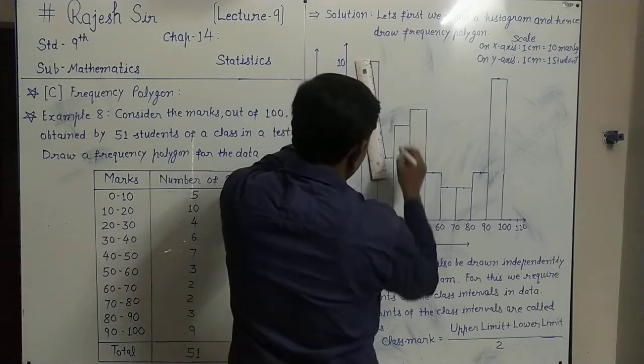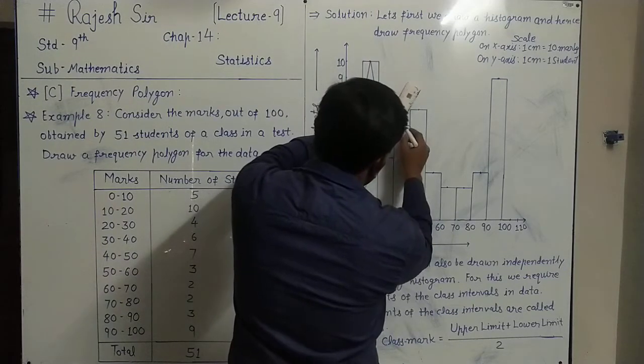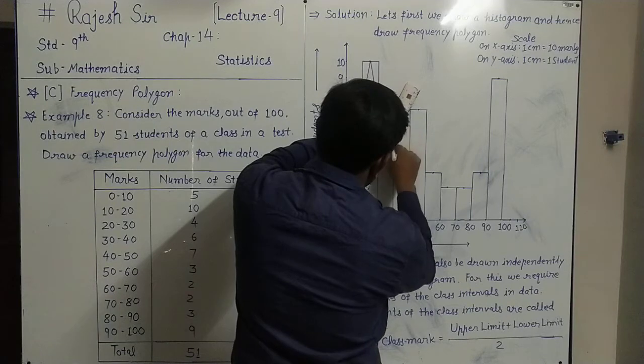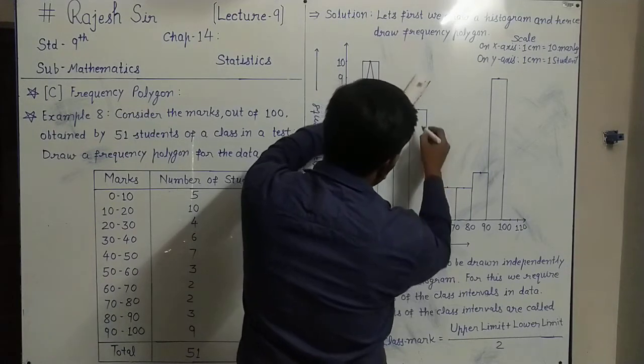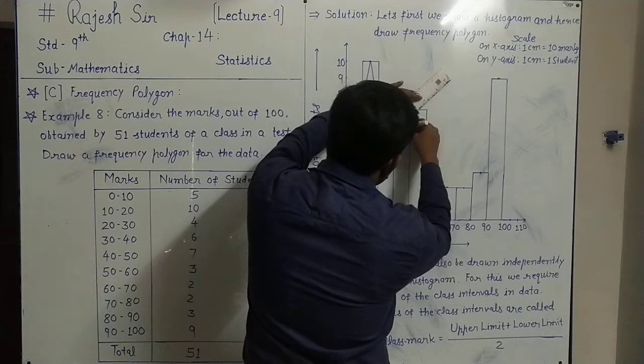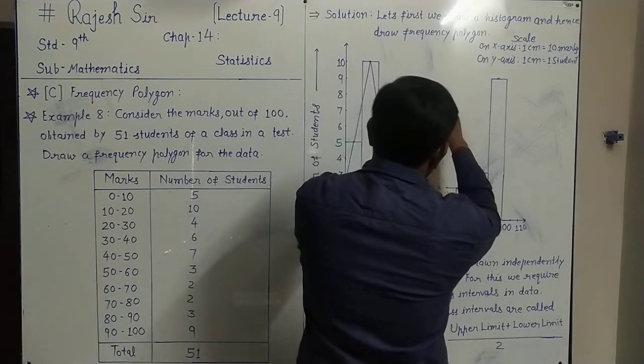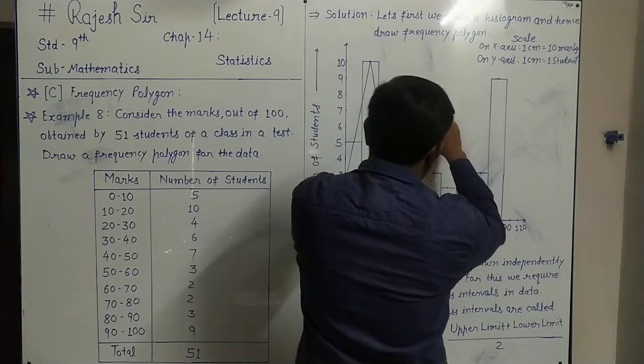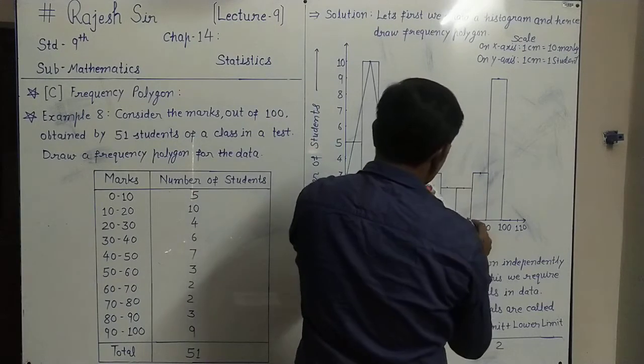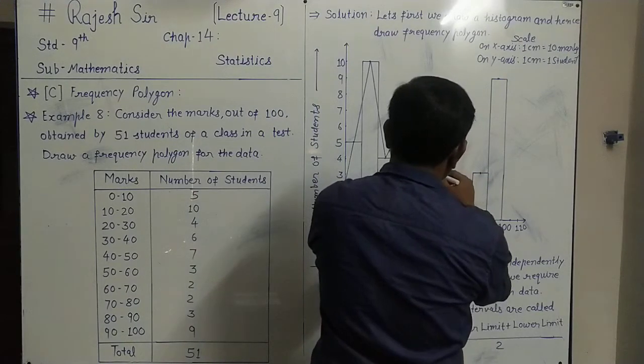After 25, join 35. After 35, join 45. Then 45 to 55, next to next you have to join. 55 to 65, join this point.